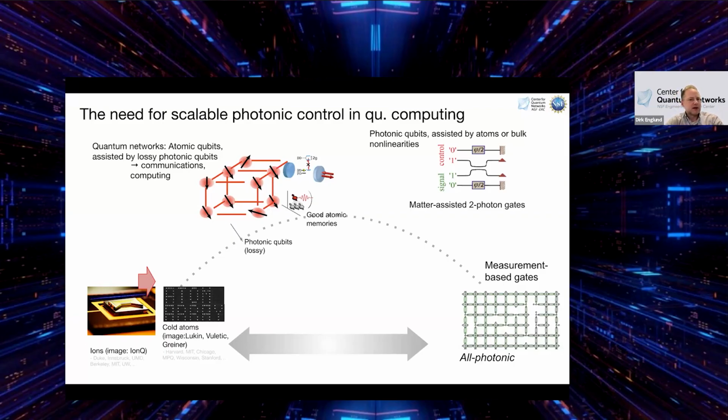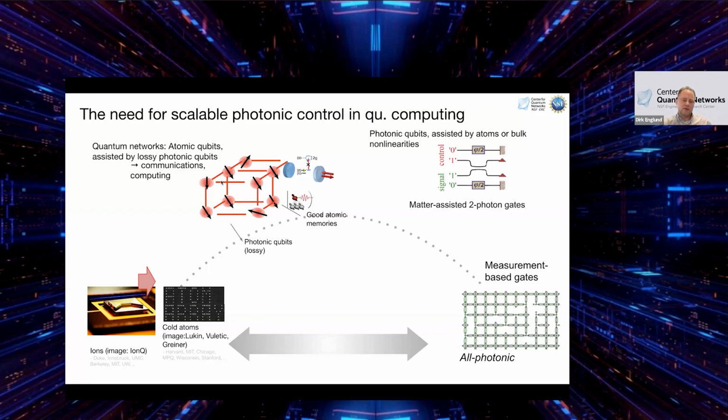And one way in particular to implement all of this together is to use atomic systems as the memories, which again, electron spins and nuclear spins and so on could be convenient and are convenient local memories that can have long coherence times of milliseconds up to, in some cases, hours. And to link them via optical channels.